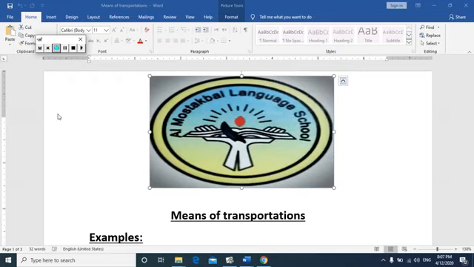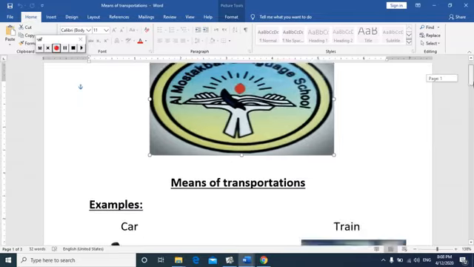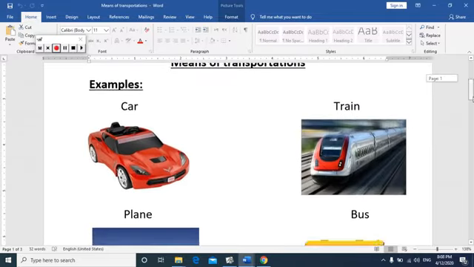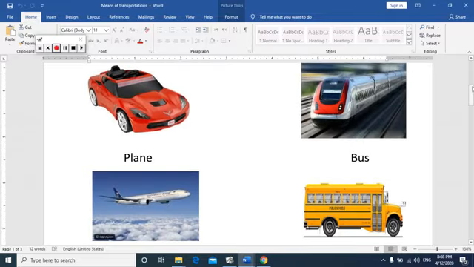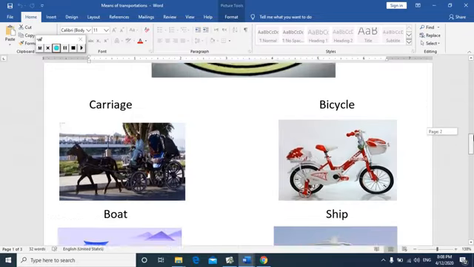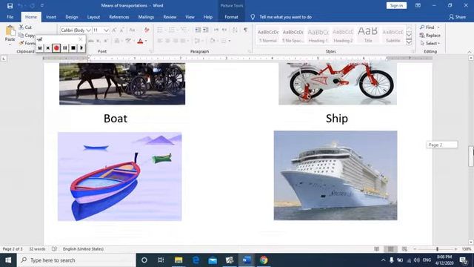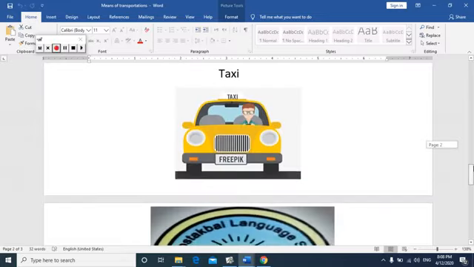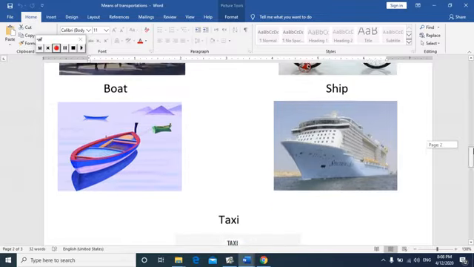Means of transportation like train, car, taxi, bus, boat, ship, carriage, bicycle, and plane. Again, like car, train, bus, plane, bicycle, carriage, ship, boat, taxi, as we see in these pictures. Okay?